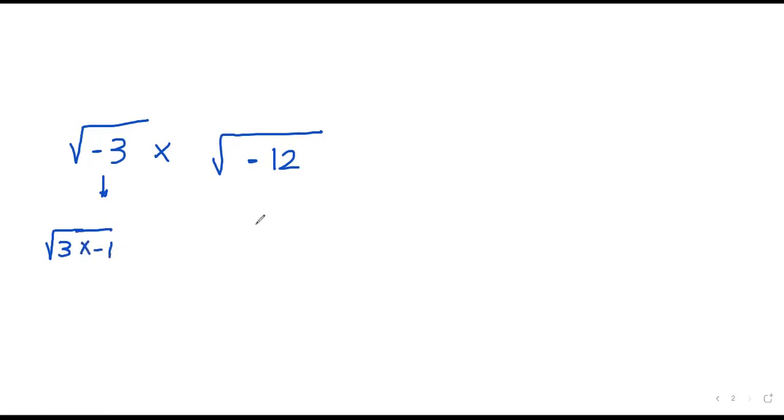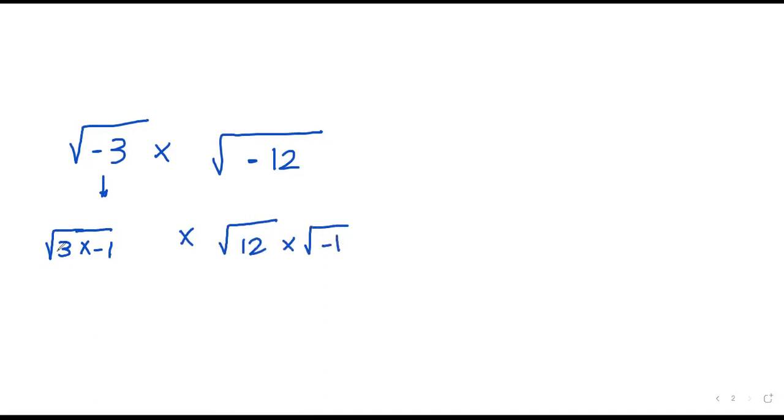If I want to simplify the square root of negative 3 times the square root of negative 12, we can write the square root of negative 3 as the square root of 3 times the square root of negative 1, and multiply by the square root of 12 times the square root of negative 1.